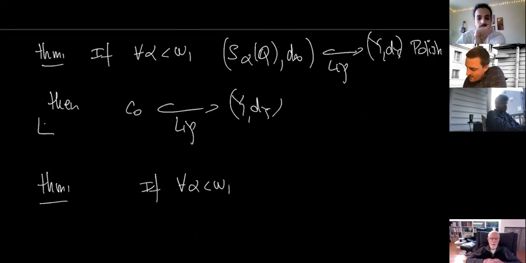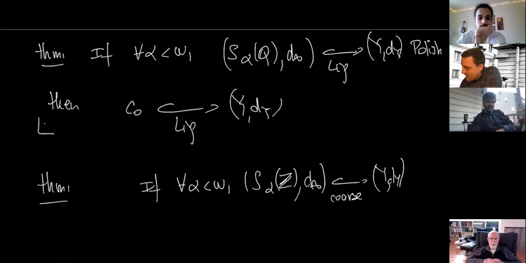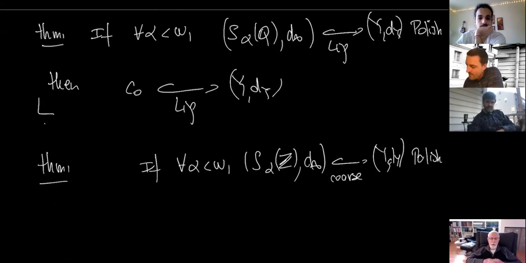For every countable ordinal alpha, here is a slightly different Schreier metric space, not over Q but over Z. I'll get to these differences a little later. If I can embed these metric spaces into Y, then C0 coarsely embeds into Y.